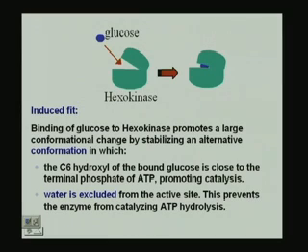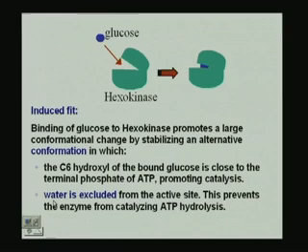Okay. So, what happens is you normally would have hexokinase. As soon as the substrate glucose comes into the picture, there is the ATP that is positioned favorably so that the phosphate can be transferred from where? From ATP to glucose. Okay.